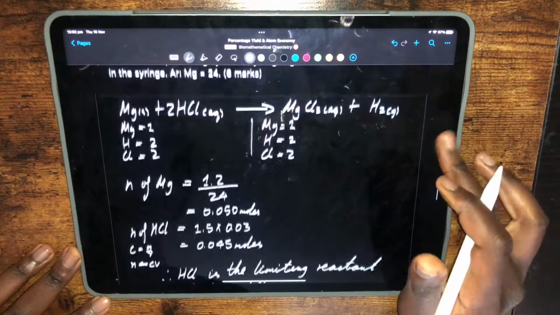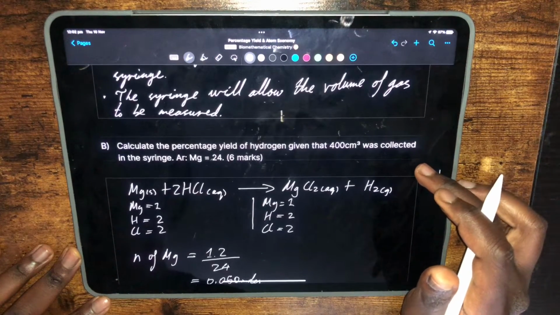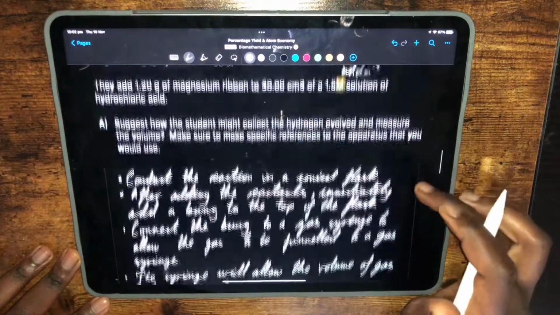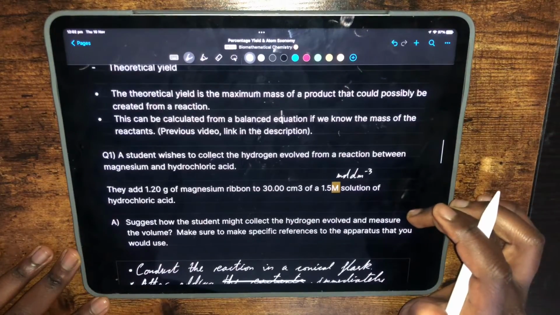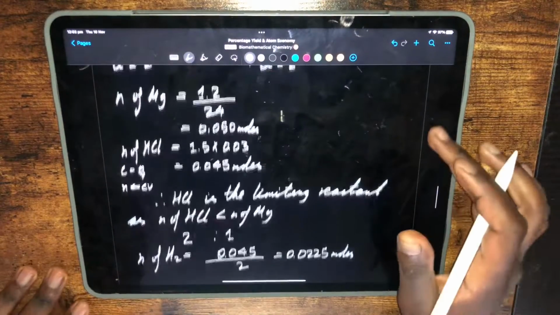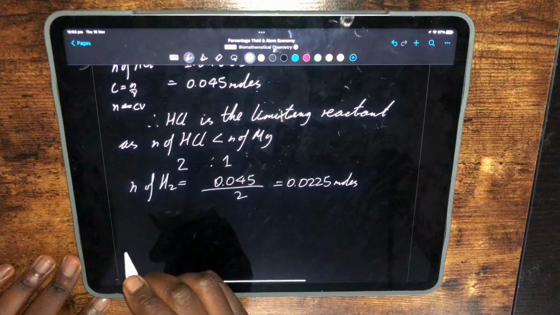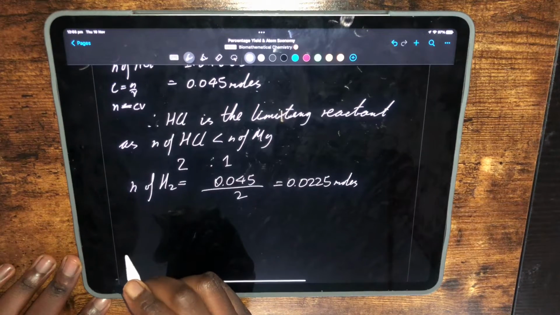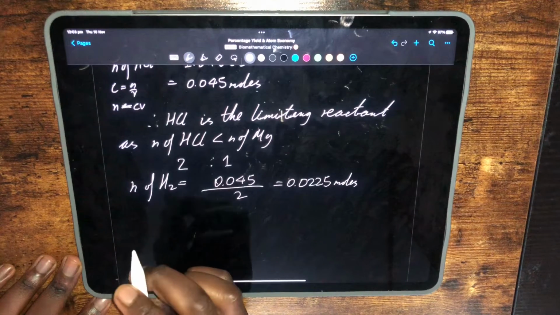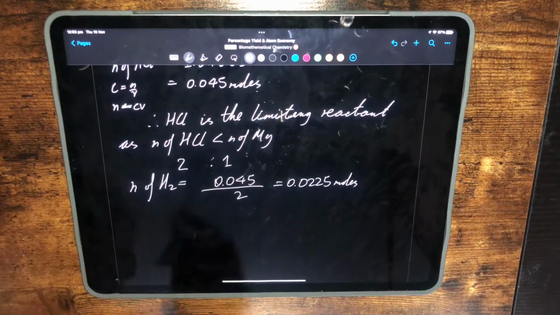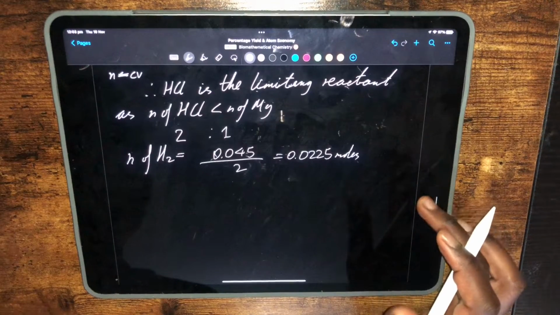They want us to work out the percentage yield, right? So the moles of H2 is equal to that.